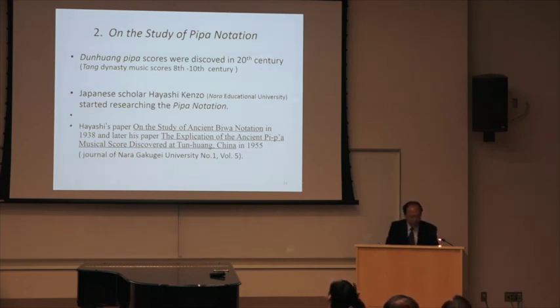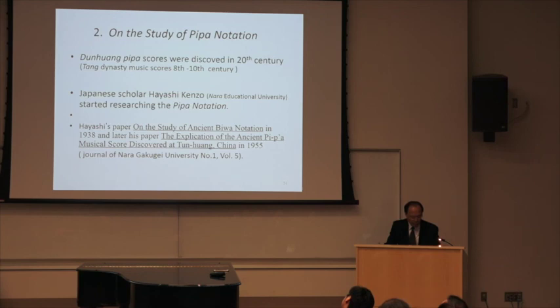As a result of the 20th century's discovery of the Dunhuang pipa scores, there has been increased interest within China in ancient score studies. This rising interest began when the Tang Dynasty music scores, which date back to the year 933, the 4th year of Changxing, were discovered in the Dunhuang caves that preserved Buddhist sculpture.